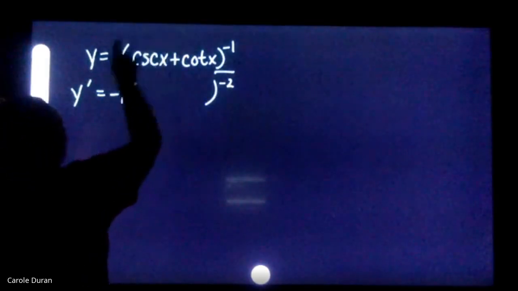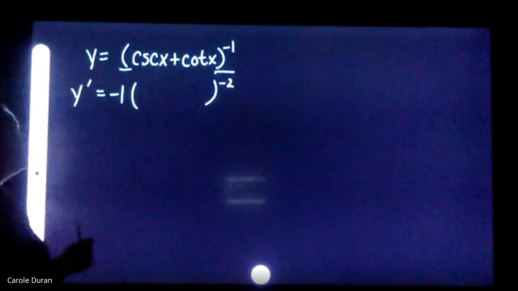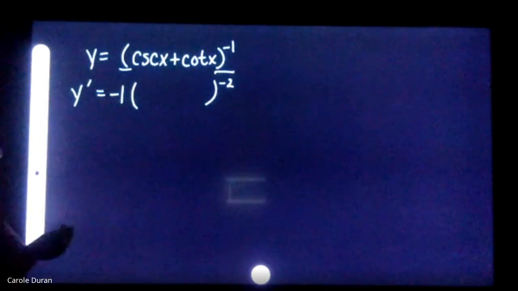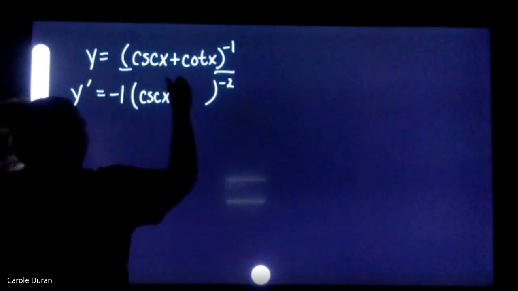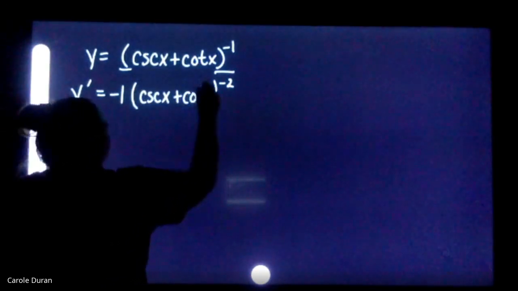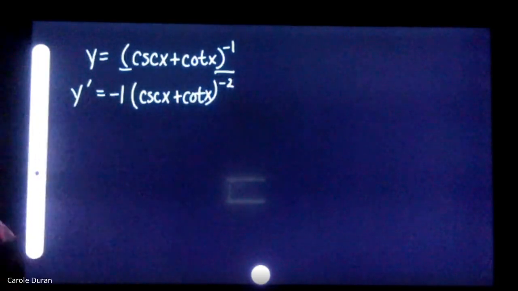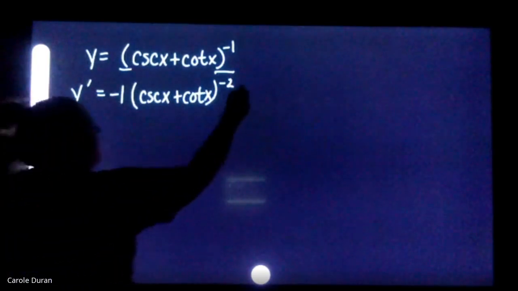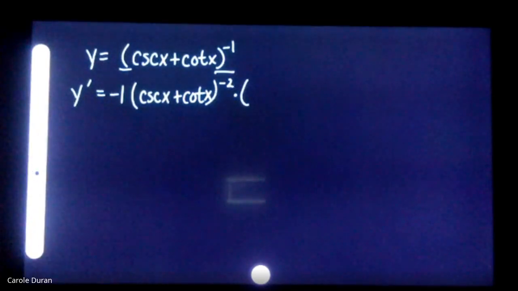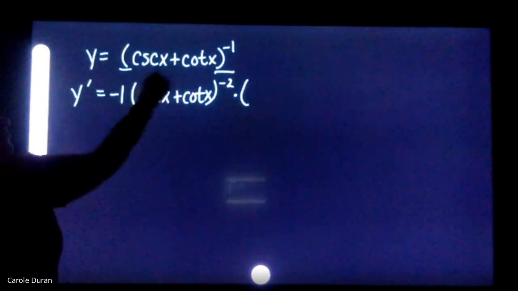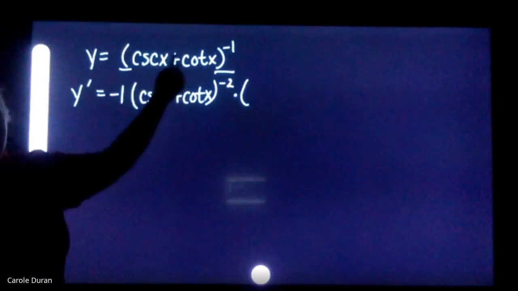So the exponent drops out front, and then we decrease our exponent by 1, keeping the inside the same. So it's -1 times our inside cosecant x plus cotangent x, all to the -2 power, and then times the derivative of that inside.